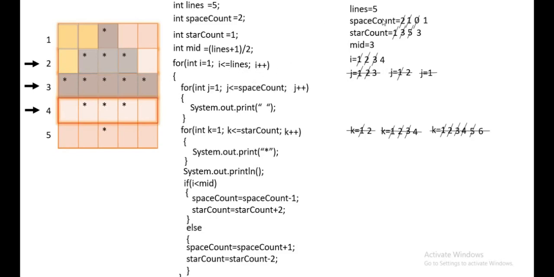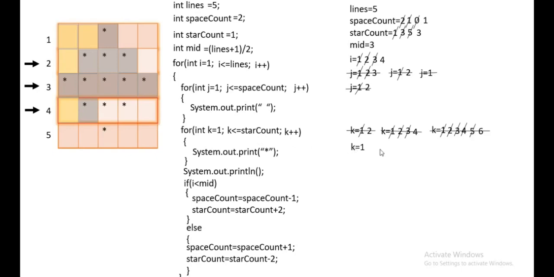Then 4 is less than or equal to 5, so come to this for loop, j equals 1. 1 is less than or equal to 1, the condition is true, so print a space. Then int k equals 1, 1 is less than or equal to 3, so print a star.